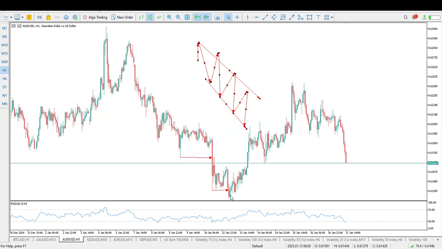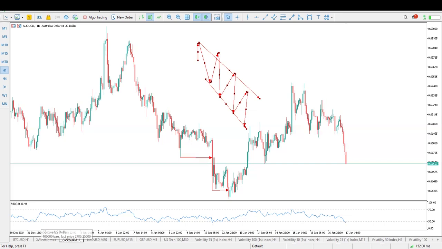For you to know a healthy uptrend, there must be a series of higher highs and higher lows. For you to know a healthy downtrend, there must be a series of lower lows and lower highs, which is what I just explained.